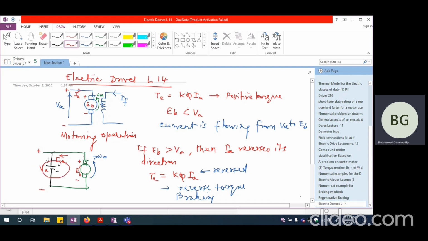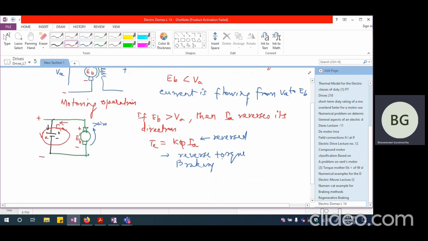Okay. So if I look at what kind of power this battery will be receiving, we are going to have EB dash as the voltage which is generated by this machine. So EB dash minus IA RA, whatever is the drop across the armature resistance, is going to be equal to VA according to Kirchhoff's law.